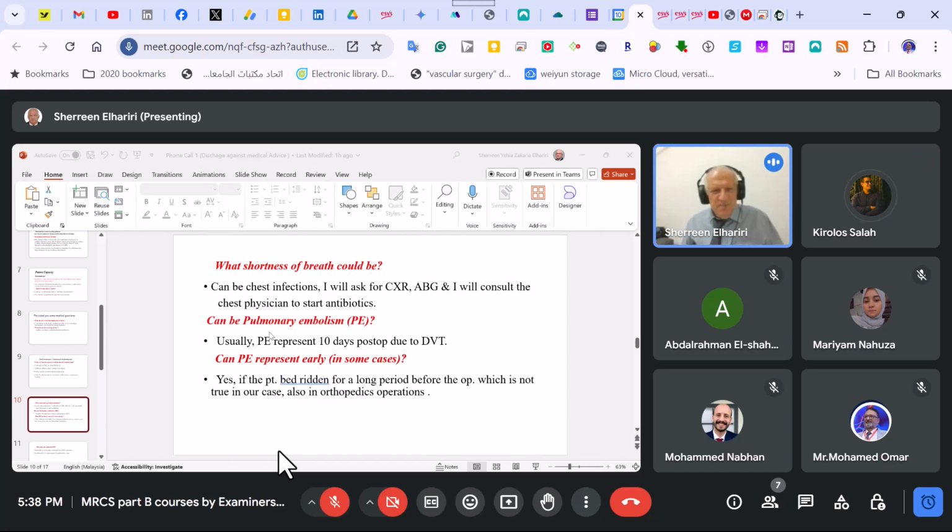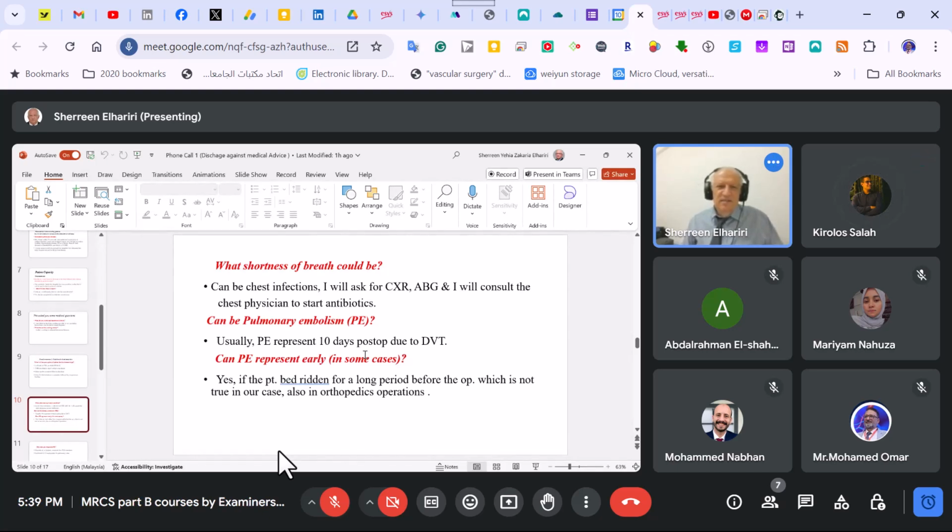Can this case be pulmonary embolism? No, because pulmonary embolism occurs after about 10 days. DVT can be at 5 days, but pulmonary embolism at 10 days. Can pulmonary embolism occur early in some patients, not in this patient, like after 3 days?